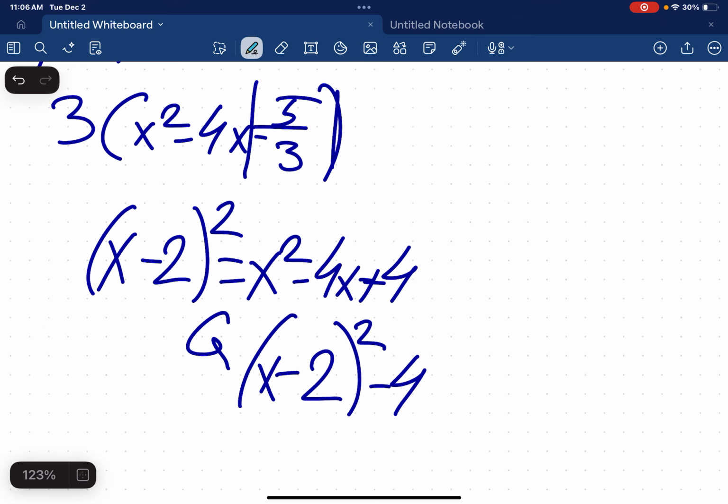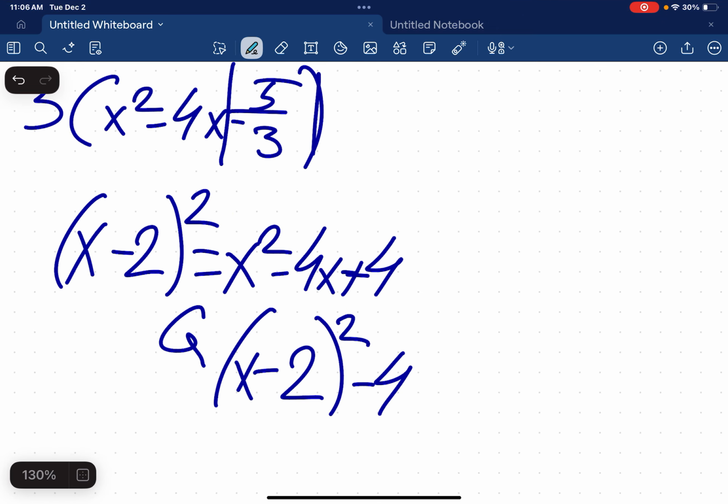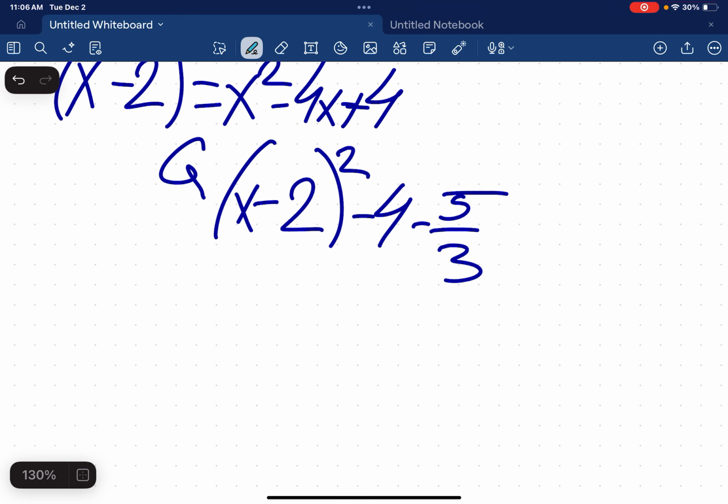Minus 4 minus 5 over 3. And this in turn is going to be equal to x minus 2 squared minus, I don't even know what that equals. Okay, just give me a second. 4 minus 5 over 3. Okay, fraction.